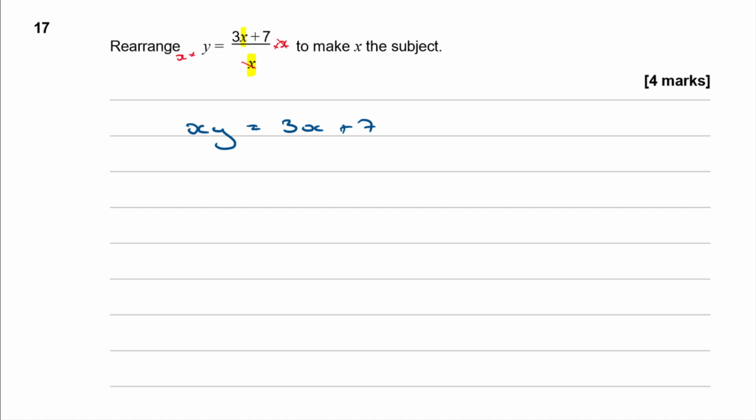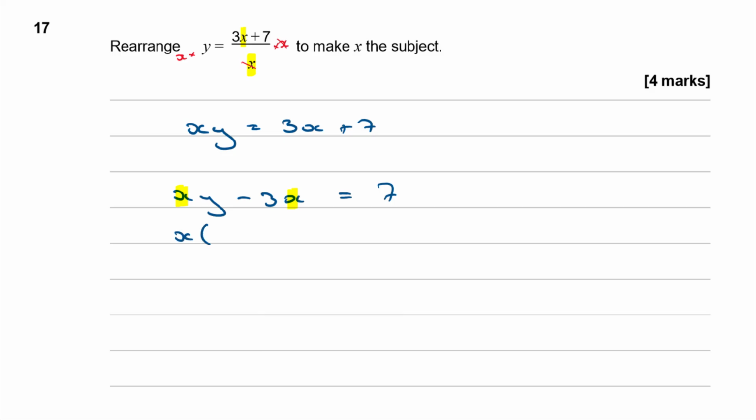Okay, next step, collect all the things to do with x on one side. So I'm going to leave the xy where it is, and I'm going to bring over the 3x to this side as well, just by taking 3x away from both sides. So I'm going to end up with xy minus 3x is equal to 7. Now you can see I've got all my x's together on one side. So to bring them all into one thing with an x in it, I'm going to factorize x out of those two terms.